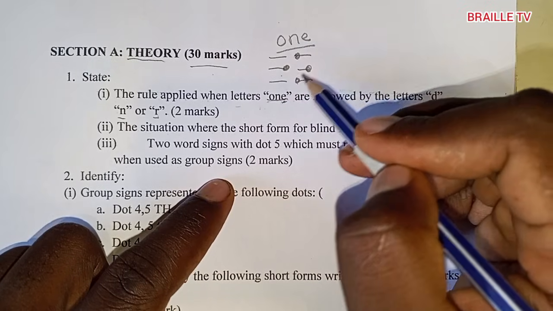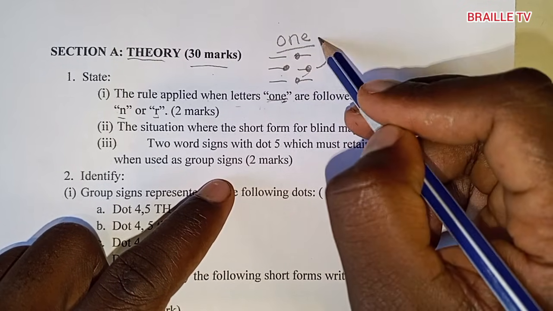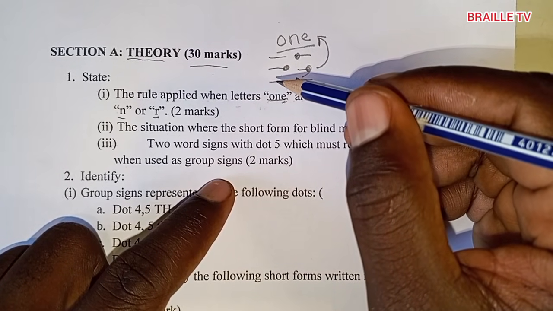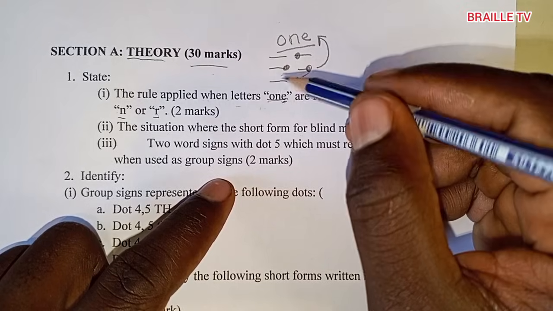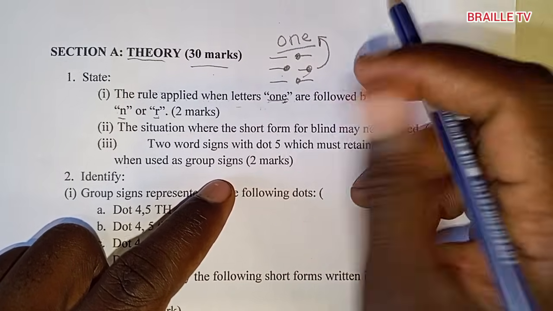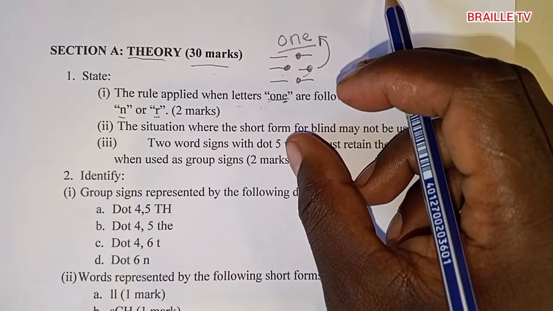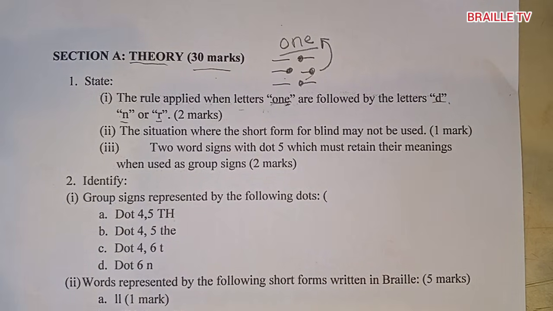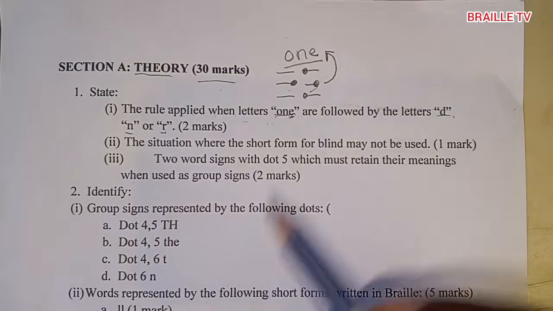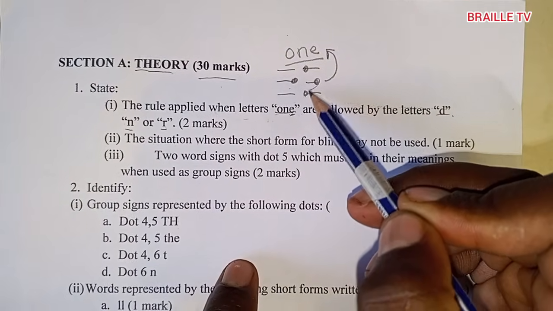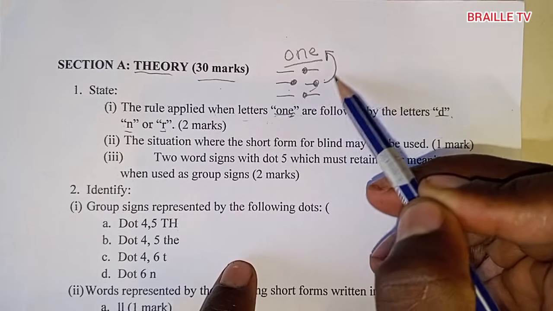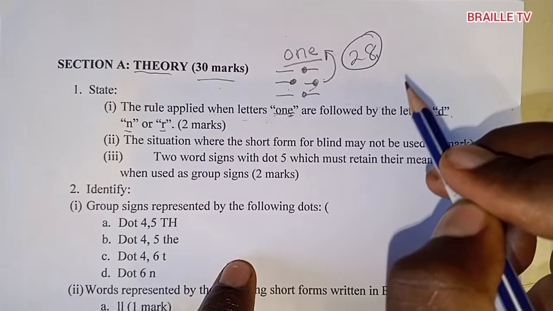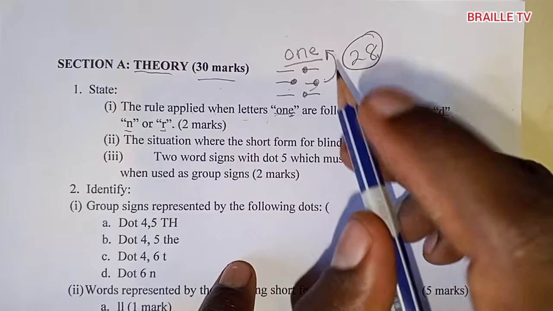We looked at it under module IE 028 when we were looking at the initial word signs with dot 5. We looked at all of them from A up to Z. And we said these are called initial word signs with the dot 5.